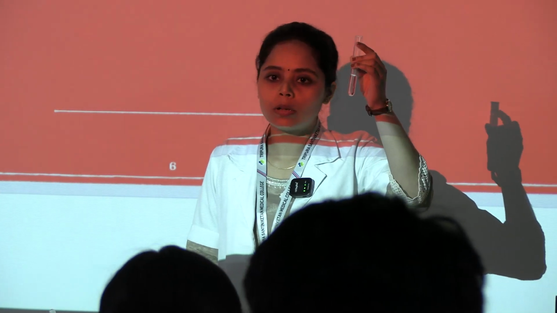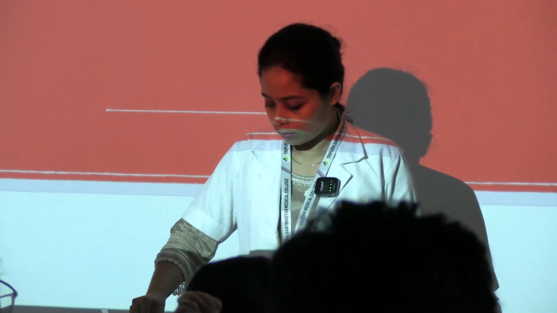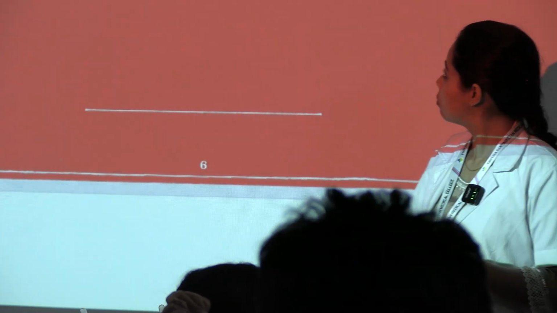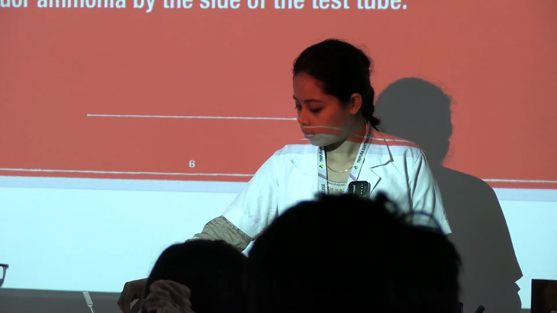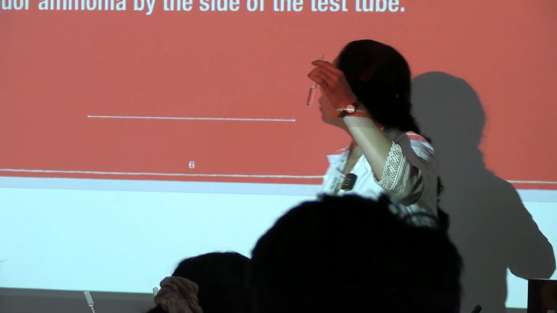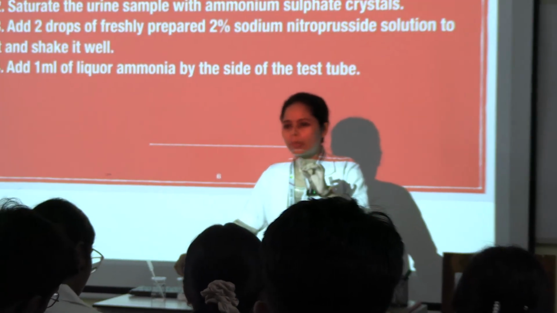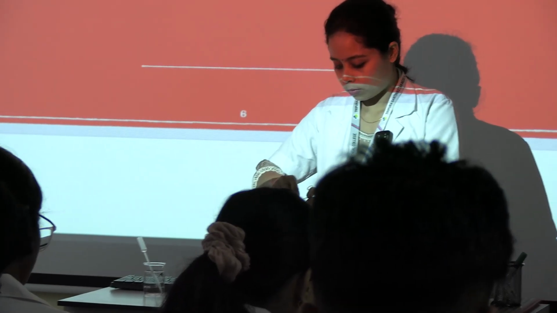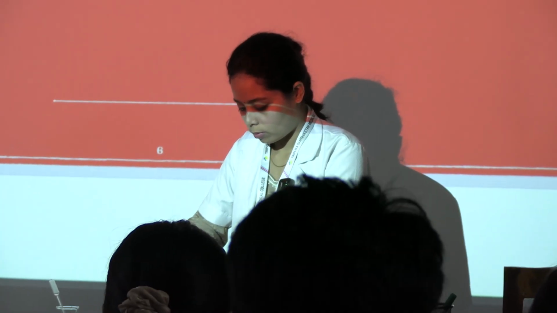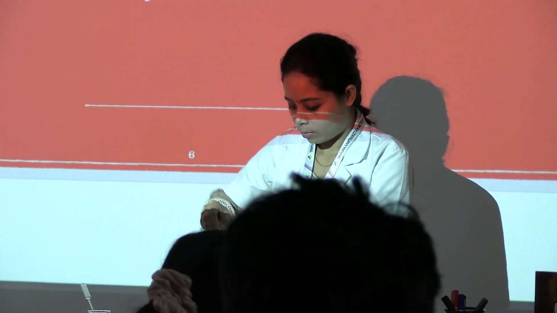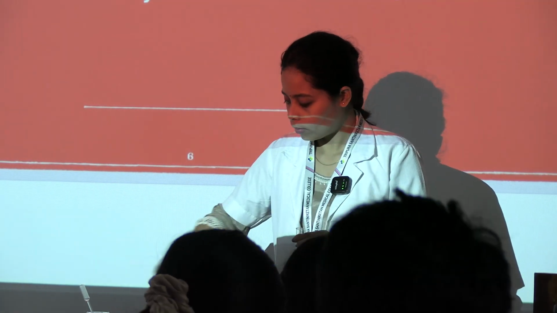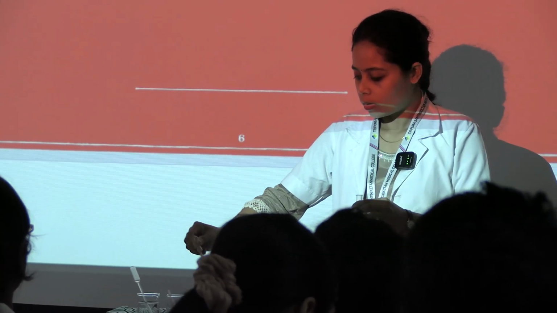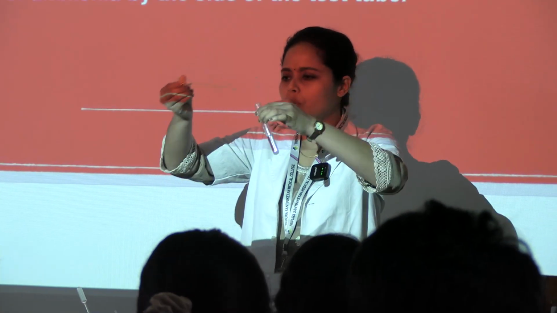5 ml of urine sample. Okay. Can you see? We'll add ammonium sulfate crystals. We'll add a pinch of it. Okay. Then 2 drops of sodium nitroprusside, 2 to 3 drops you can put.